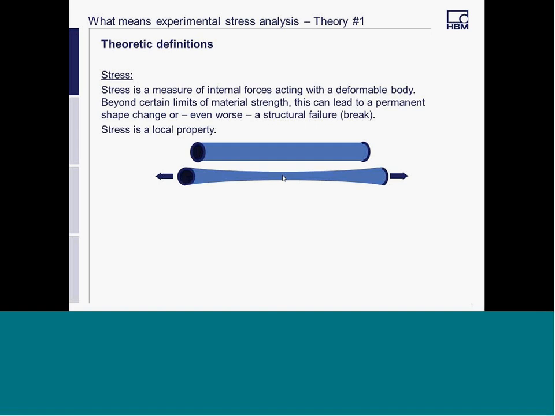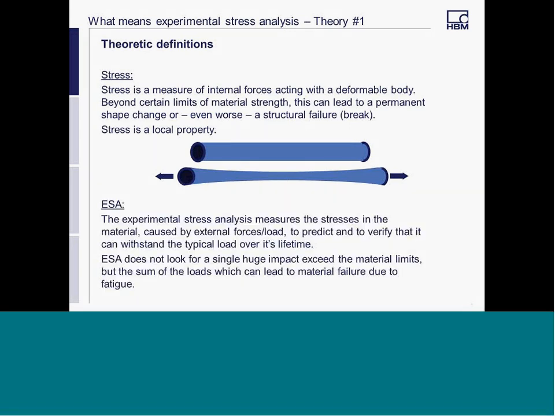And after that, even worse, it will break. So that is stress. And stress is always a local property. So not on all points of this metal bar do we have the same stress. It depends on the location.